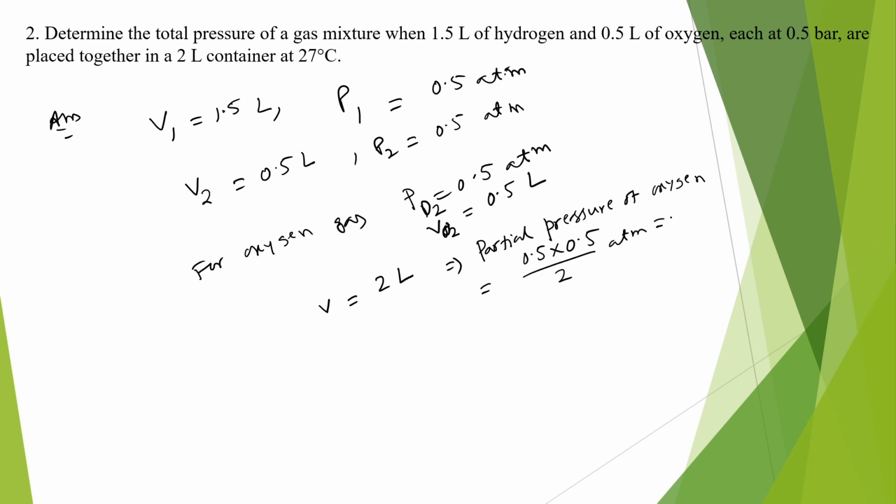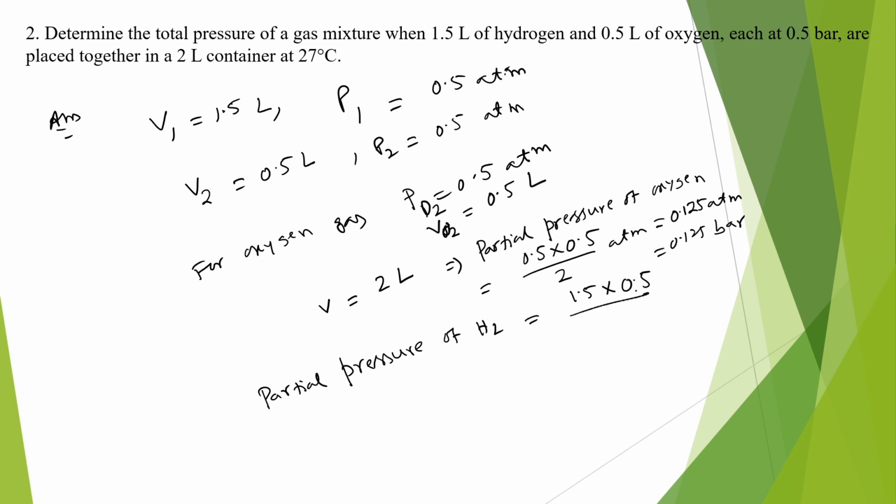Okay, so, we can write this is 0.125 atmosphere or we can write 0.125 bar, they are very close, and partial pressure of hydrogen is 1.5 times 0.5 by 2. So, it will give you 0.375 bar.